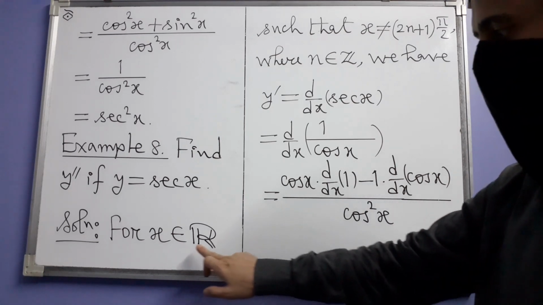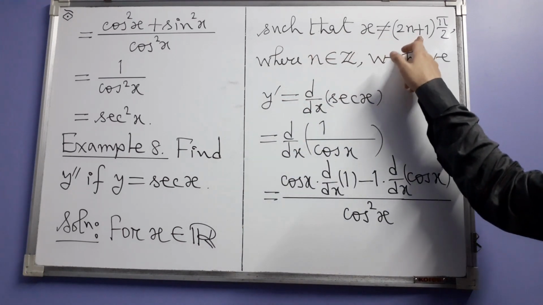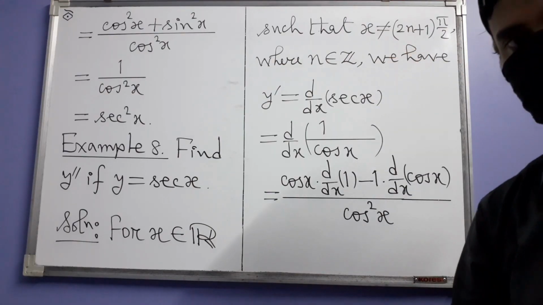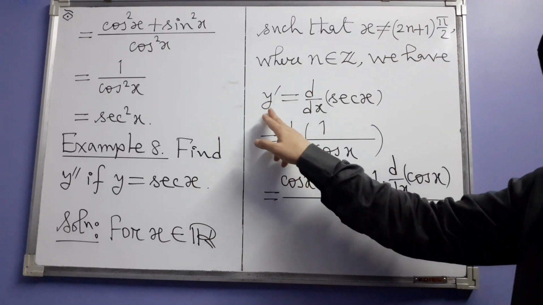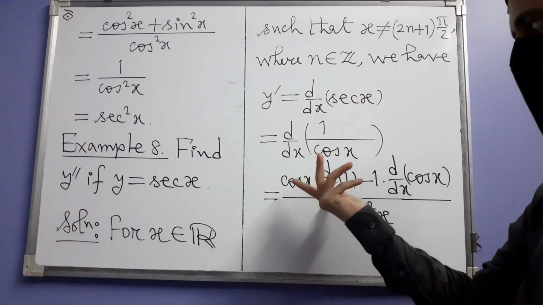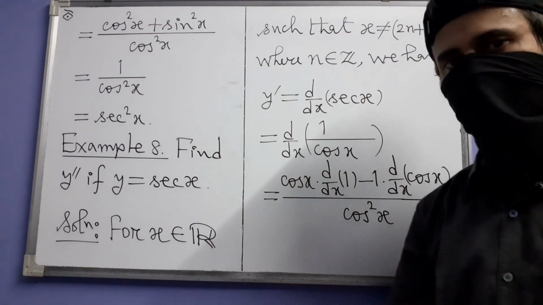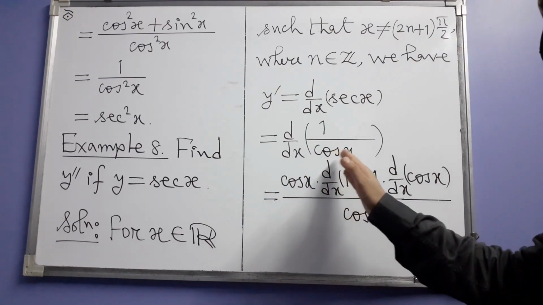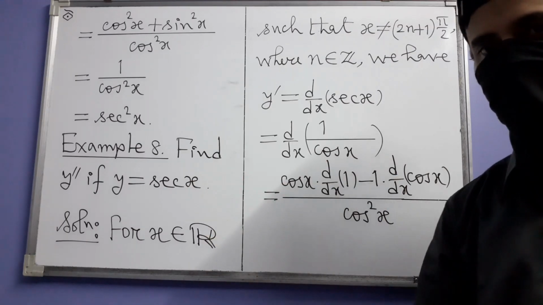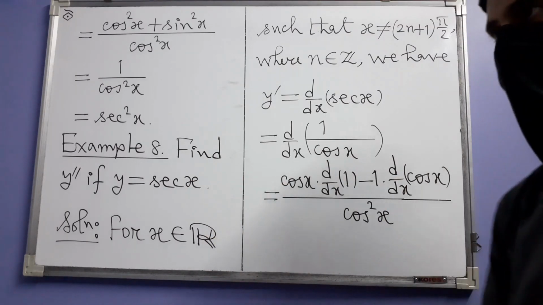So accordingly, x is a real number which is not of this type. So then obviously we just straight away start applying the quotient rule, and you can see that this time I haven't even mentioned that we are applying the quotient rule because it's obvious.